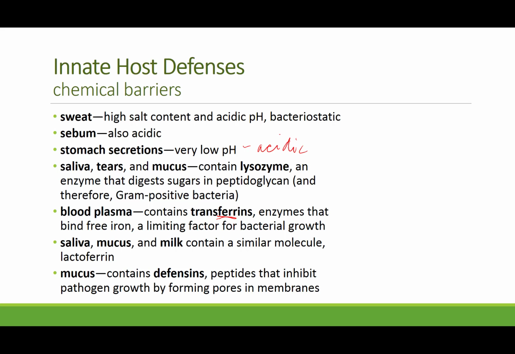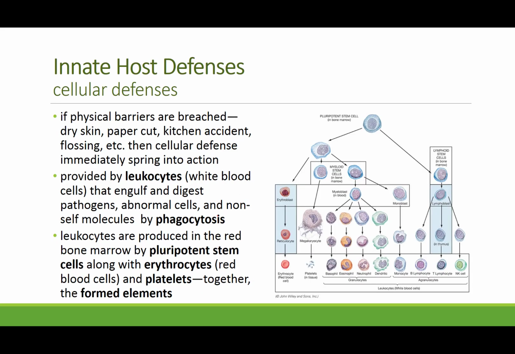They make these pores in the membrane, and then the cells' contents leak out and they die. So all of these chemicals have a bacteriostatic or bactericidal effect and help to serve as a barrier, preventing the bacteria or whatever pathogen from entering the body.